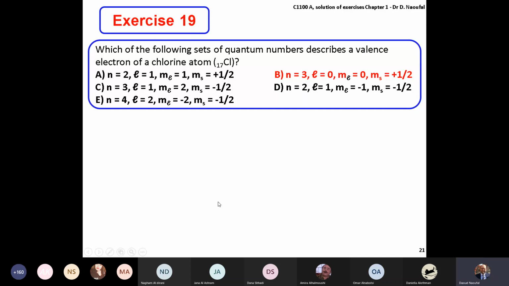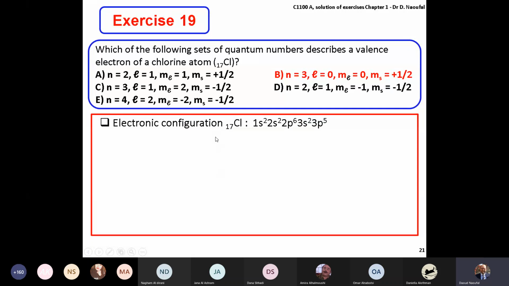Exercise 19. Which of the following sets of quantum numbers describe the valence electrons of the chlorine atom which has Z equal 17? First of all, we have to write the electronic configuration of Cl. Cl 17, so we have 17 electrons: 1s2, 2s2, 2p6, 3s2, 3p5.